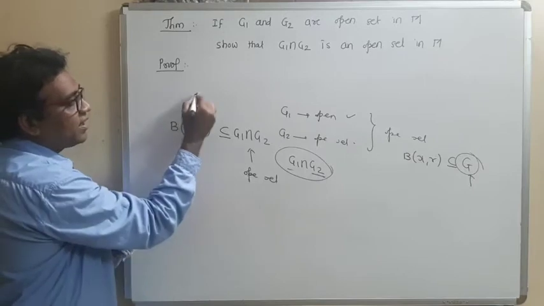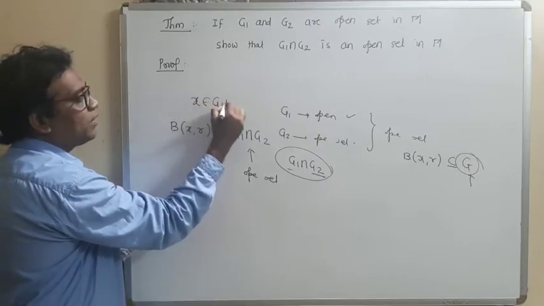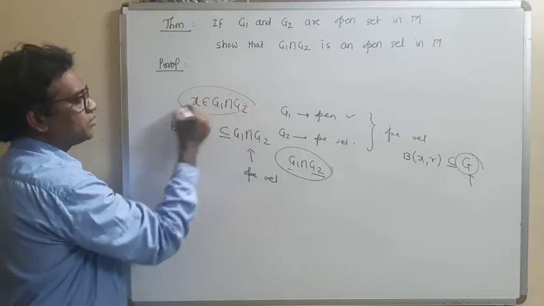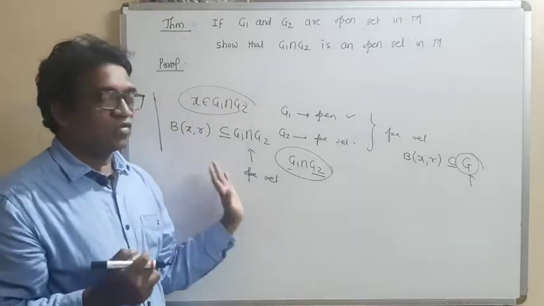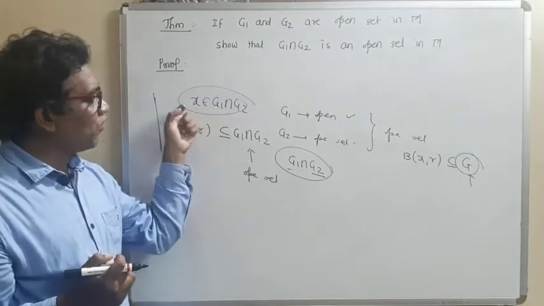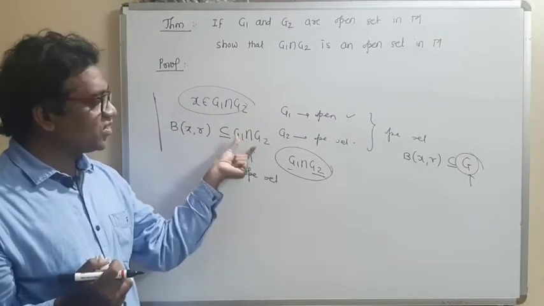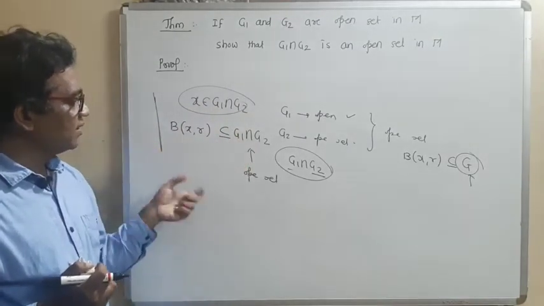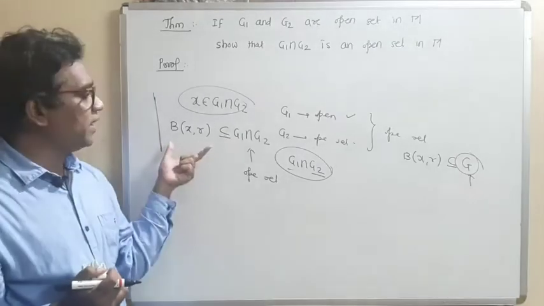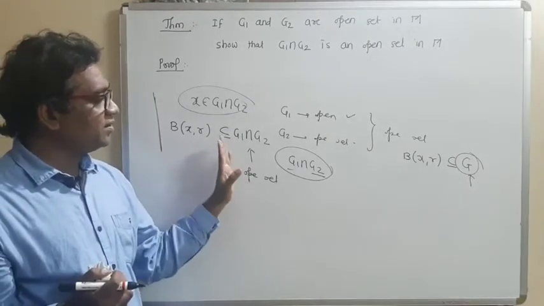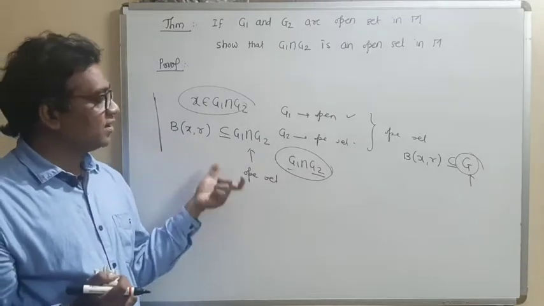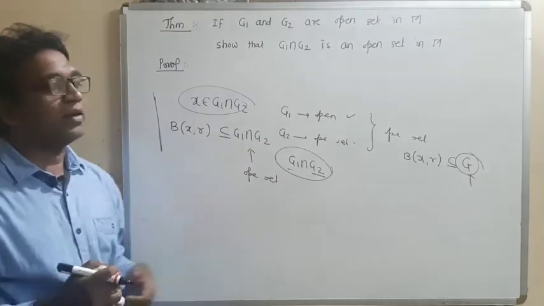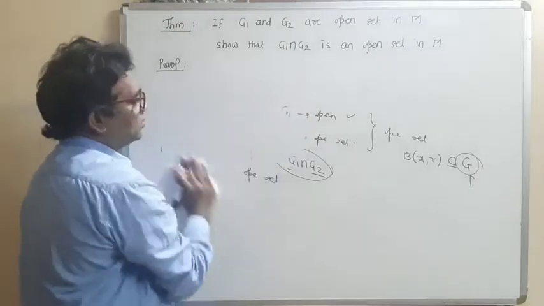And what is this X? X is an element of G1 intersection G2. So how to show the open set? Just take one element in the intersection and show that there exists some open sphere B(X, R) which is contained in G1 intersection G2. If we prove this result, then we can say that this is an open set in a metric space. So write down the proof.